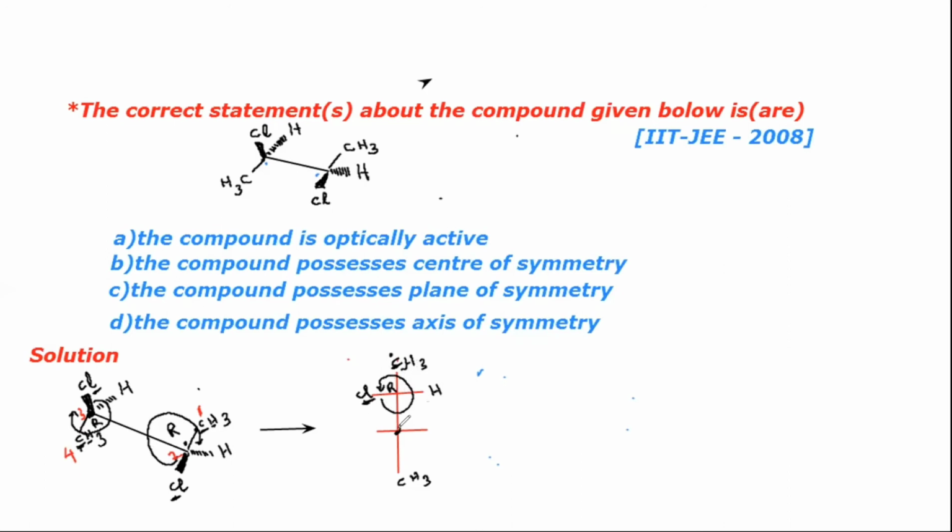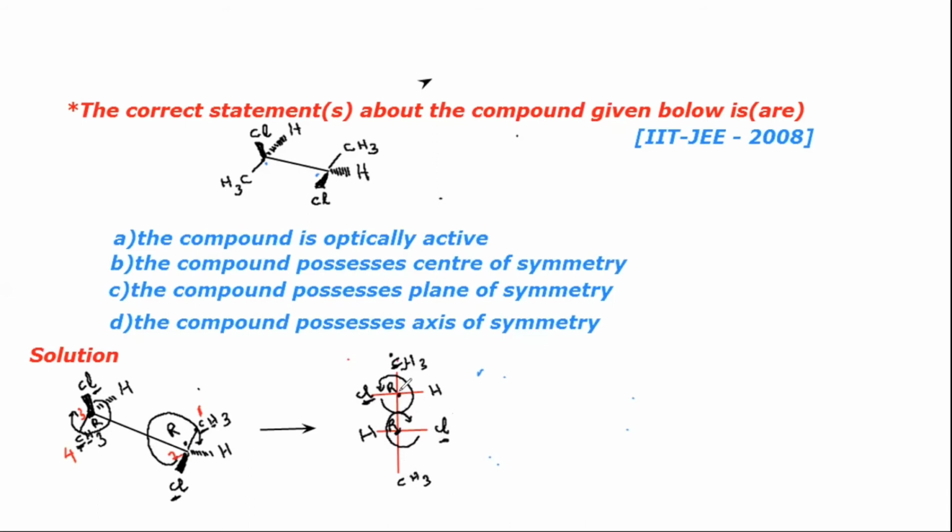On the second chiral carbon also, we must get R configuration. To get R configuration, arrange the groups like this. The first priority group is Cl, and on this side hydrogen. Check once again: Cl is the first priority group, this carbon gets second priority as its second atom is Cl, and it gets third priority as its second atom is hydrogen.